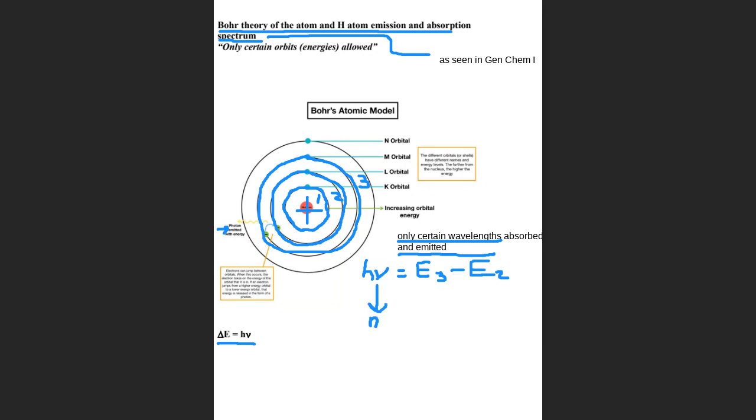So if you know the energy of 3 and the energy of 2, you can calculate a specific frequency or wavelength at which energy is emitted, or if you do the other thing, like exciting from 1 to 2, for example, that corresponds to the energy of a photon or the frequency of a photon absorbed.